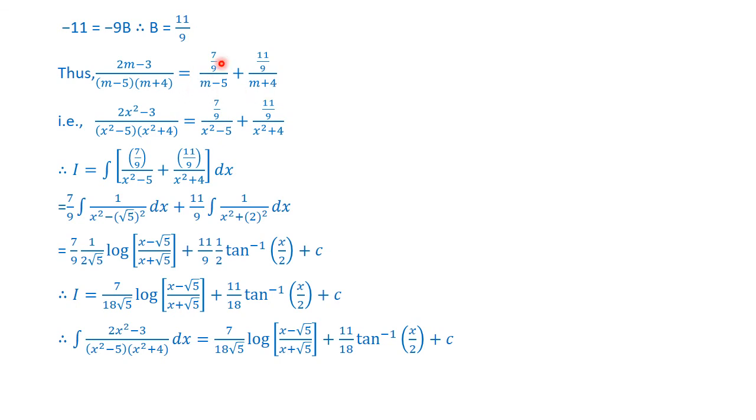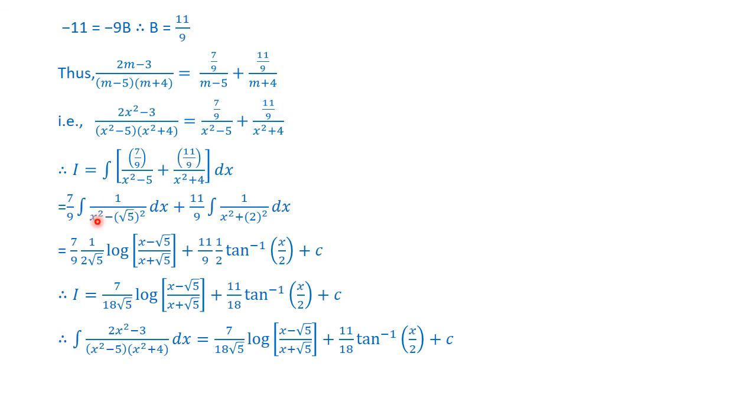Now this is the integral. If we replace m by x square, then this term becomes (2x square minus 3) by (x square minus 5)(x square plus 4), equal to these terms. So replace in I by these new terms. Then I becomes the integral of 7 by 9 by (x square minus 5) plus 11 by 9 by (x square plus 4) into dx.